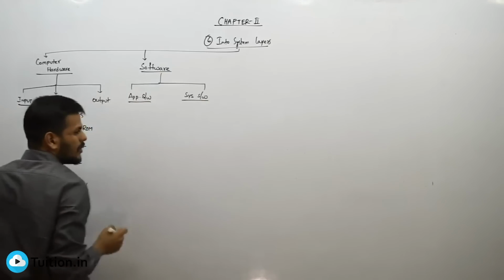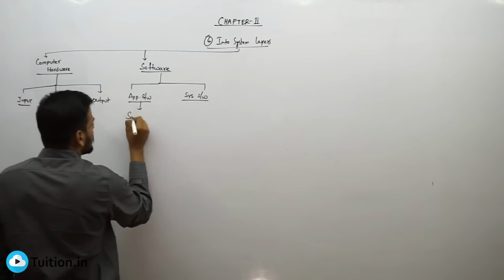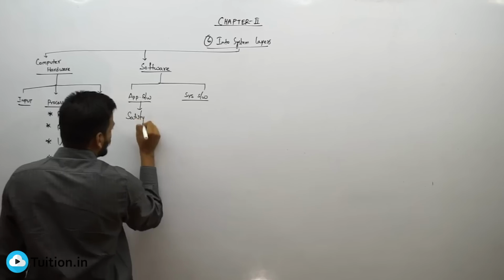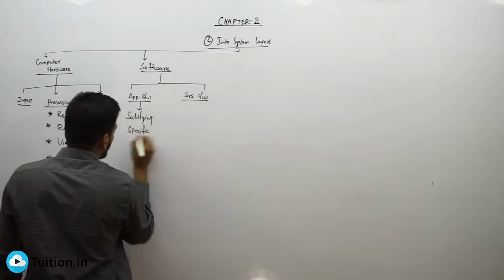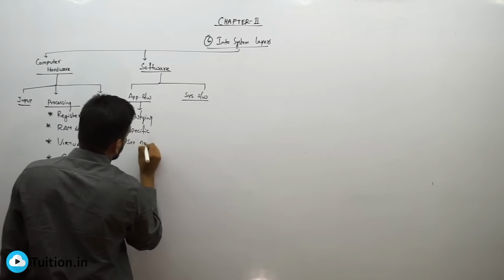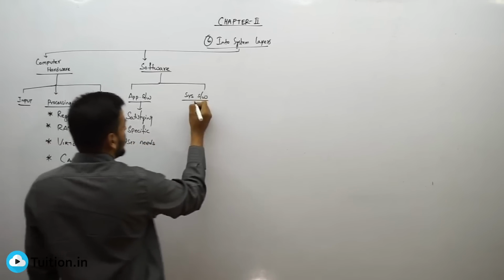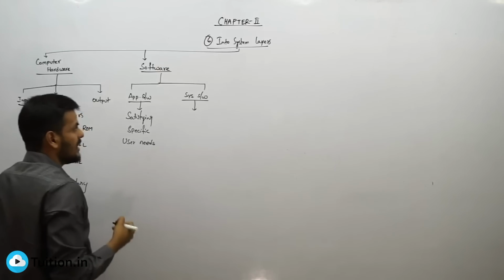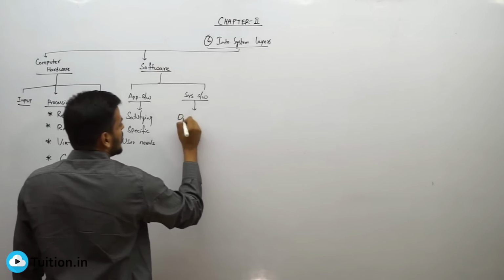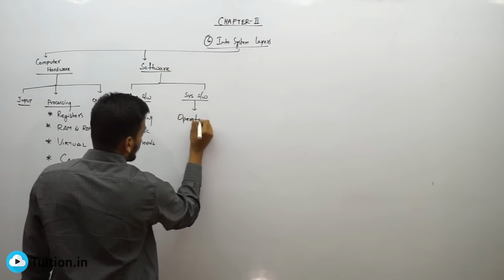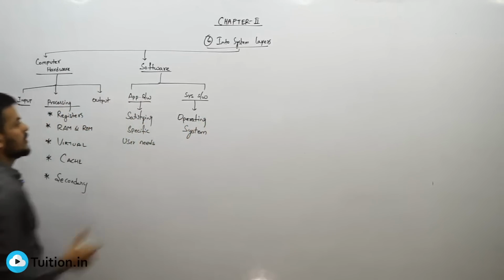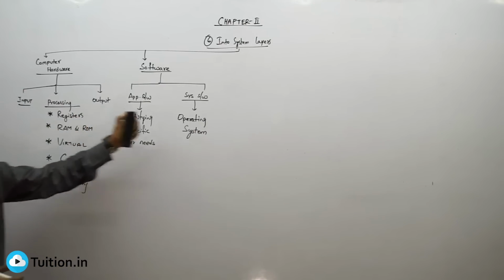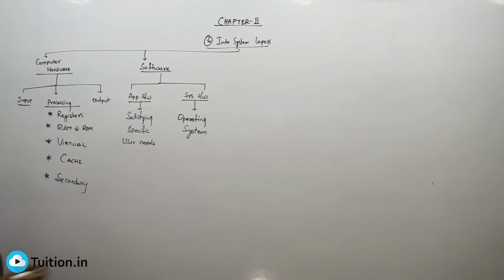Application software is all about satisfying specific user needs, while in system software, what do we have? This is nothing but the operating system. So that is about computer hardware, application software and system software.